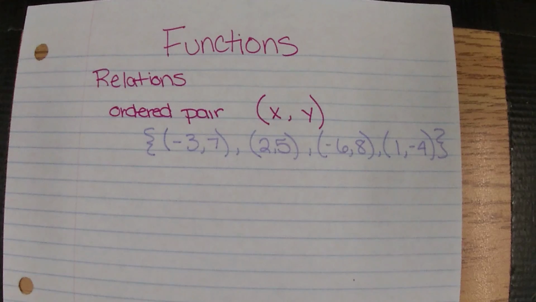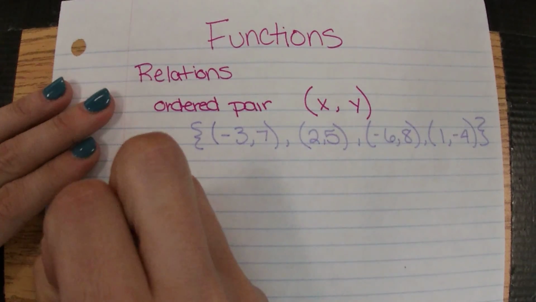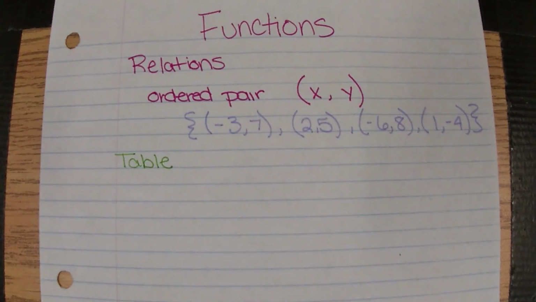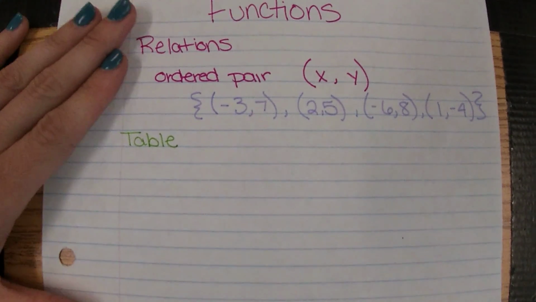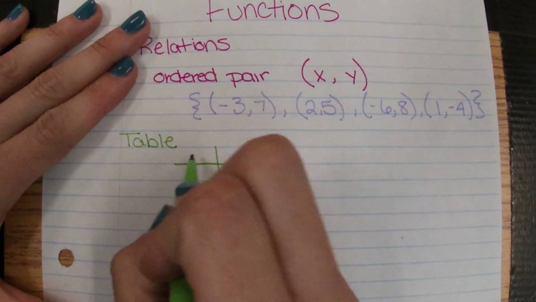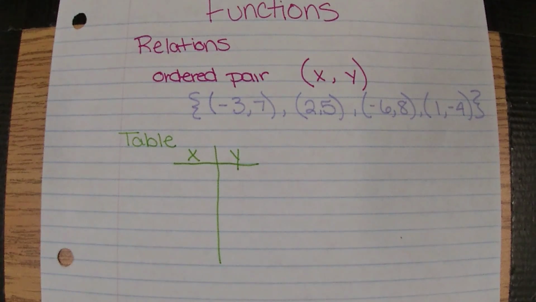Relations can then be represented in various ways. I can take those representations and not just have it in ordered pairs, but I could also list it as a table. A lot of my students have been calling these T-charts. Technically it's a table, but you might think about it as a T-chart, where in a table we have our X values on the left and our Y values on the right.